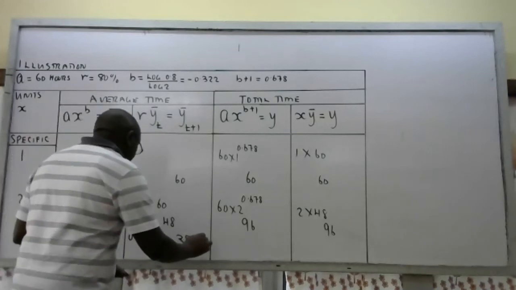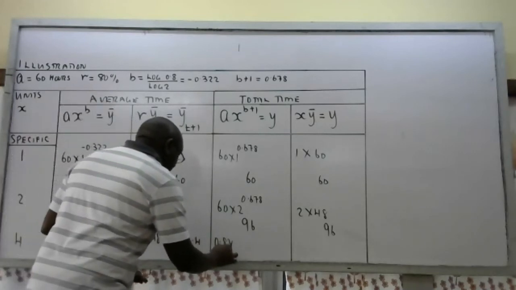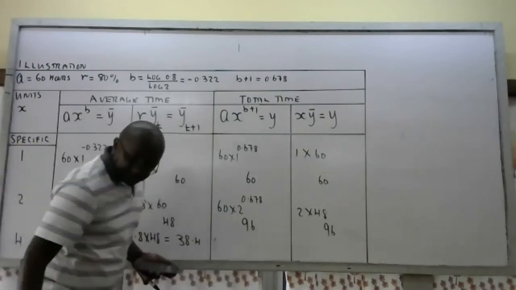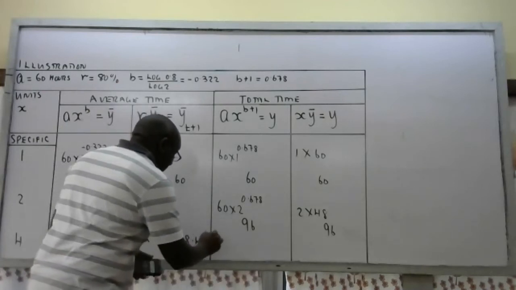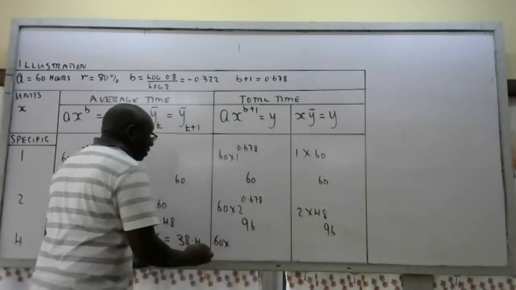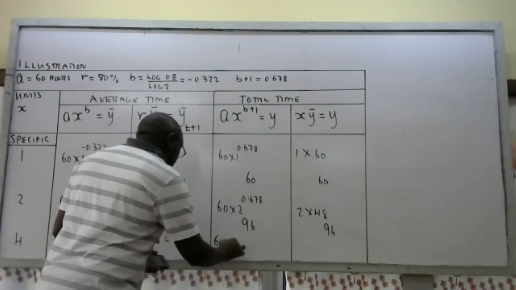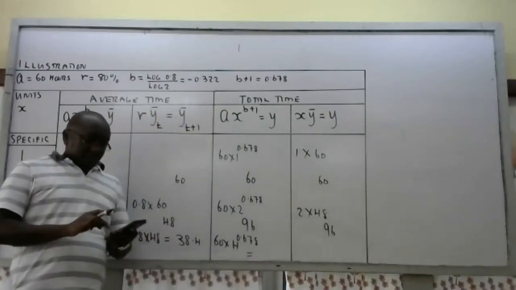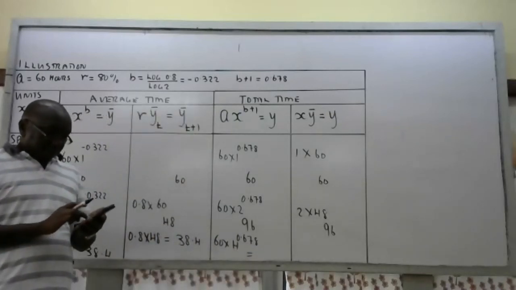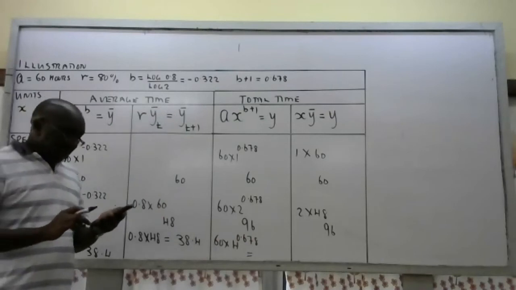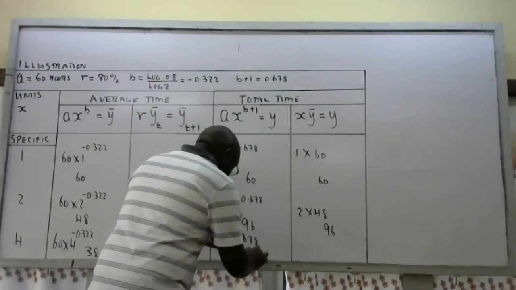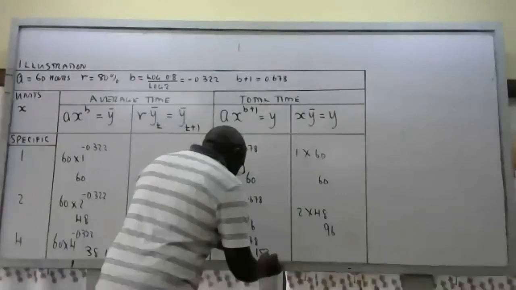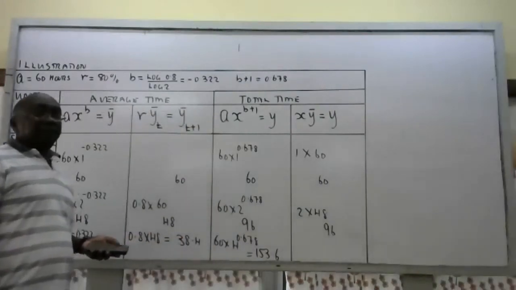Then on this side, it is 60 times 4 raised to power 0.678. So 4 raised to power 0.678 times 60 gives 153.6.